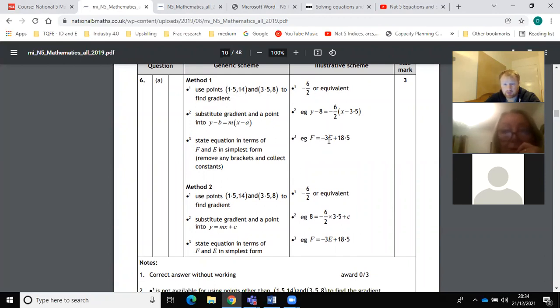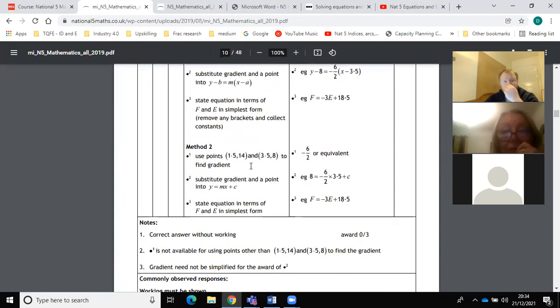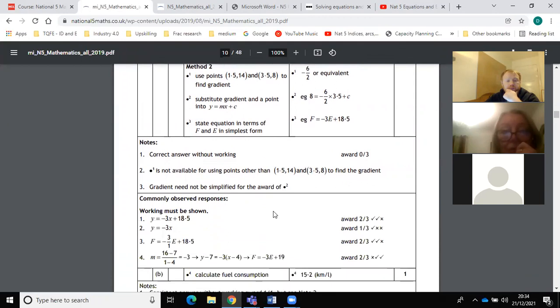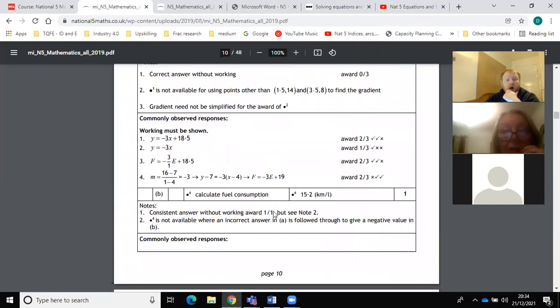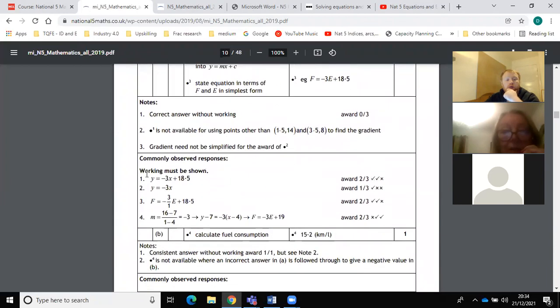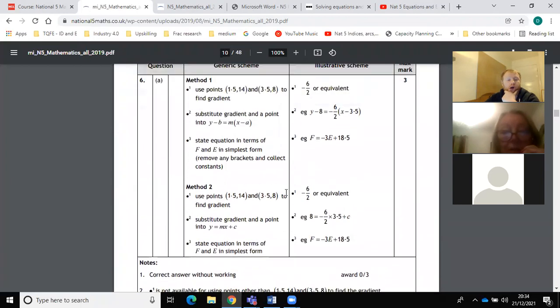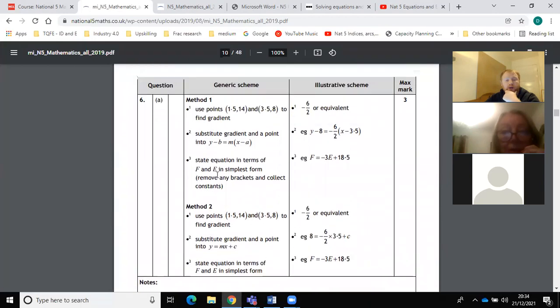Okay, so a couple of marks there. That's leaving you with your equation. Okay, so it actually gives you the answer, which is quite nice. Don't do part B. Okay, we'll look at part B at a later date.